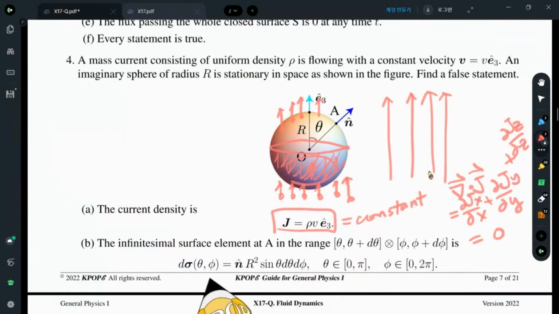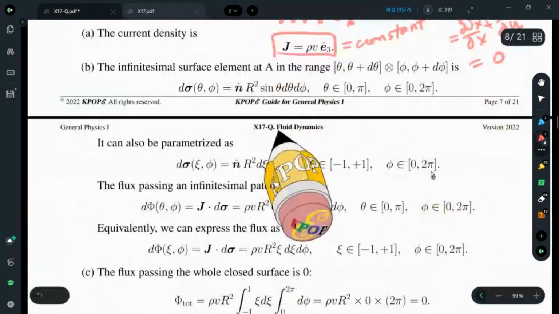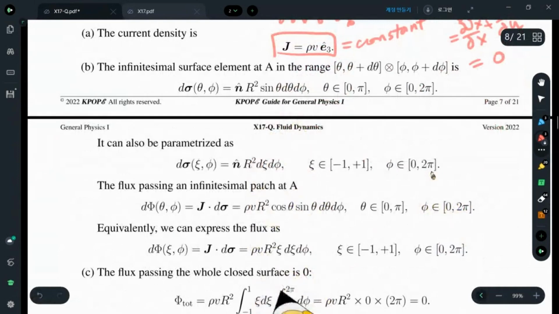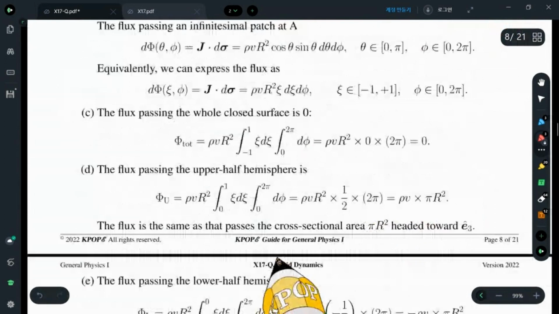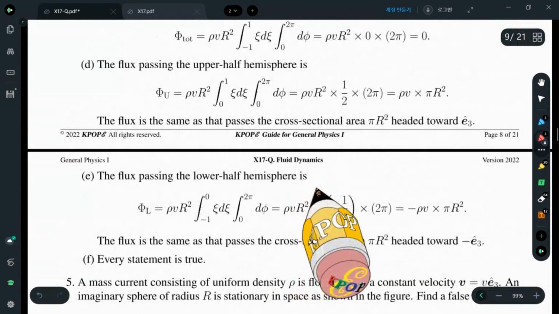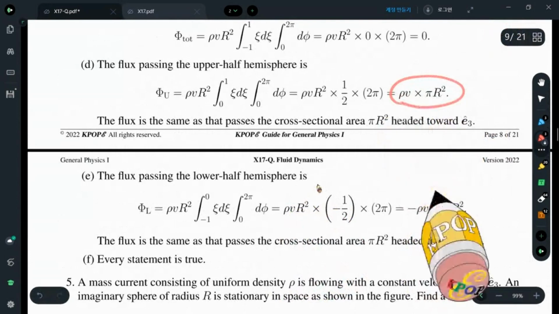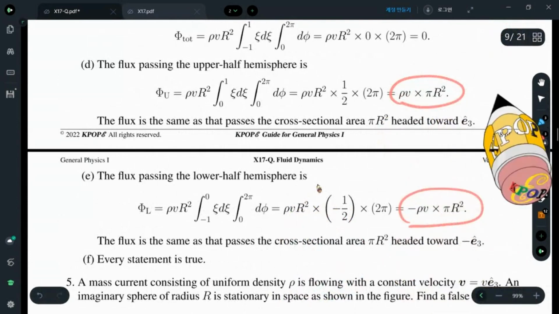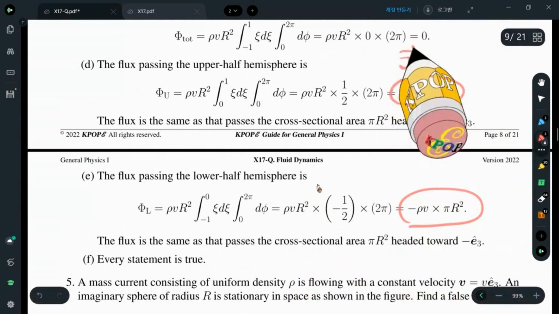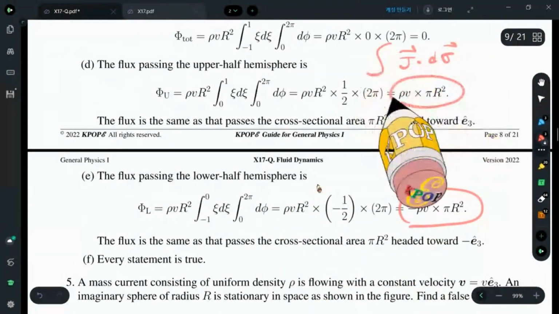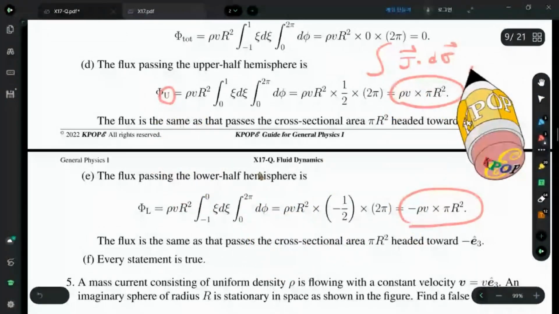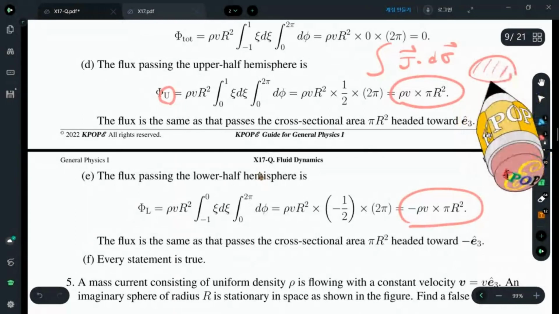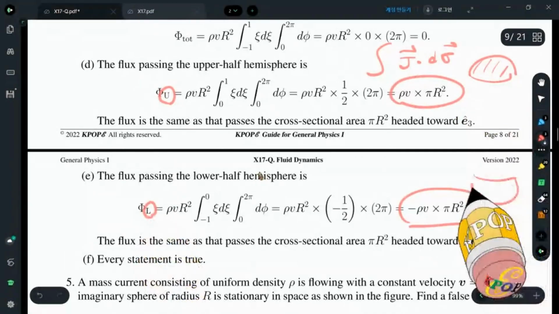It is explicitly evaluated, and this evaluation over a spherical surface has been done already in 16, and I don't repeat the calculation, but this is a key point. J dot d sigma over the upper hemisphere and lower hemisphere.